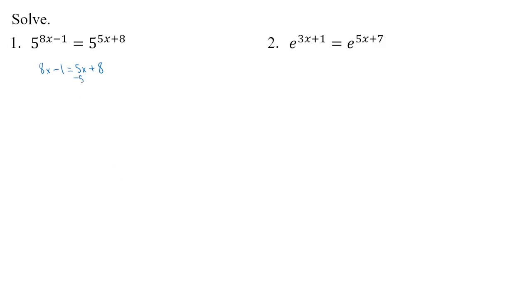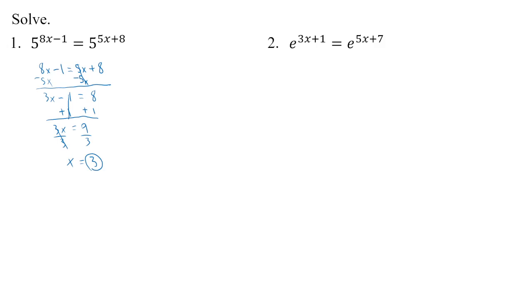We subtract 5x from both sides, and you will get 3x minus 1 equal 8. Add 1 to both sides, and you will have 3x equal 9. Divide both sides by 3, and you will get x equal 3. Therefore, the solution is 3.